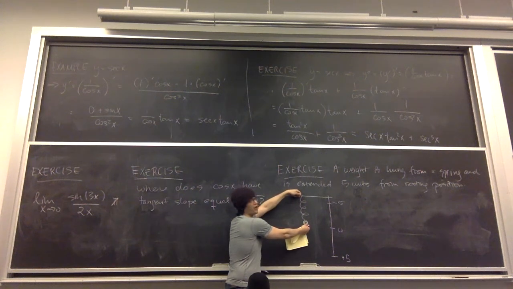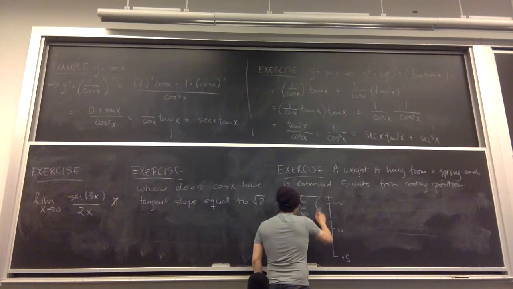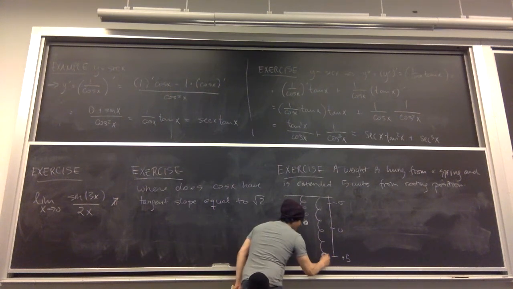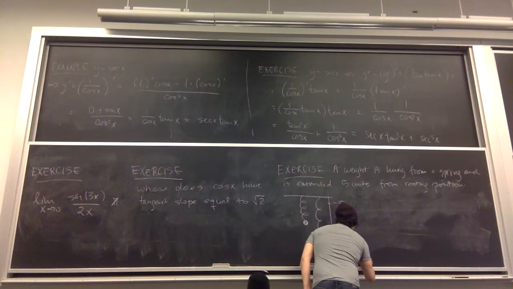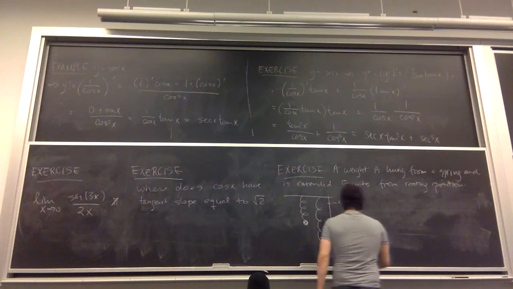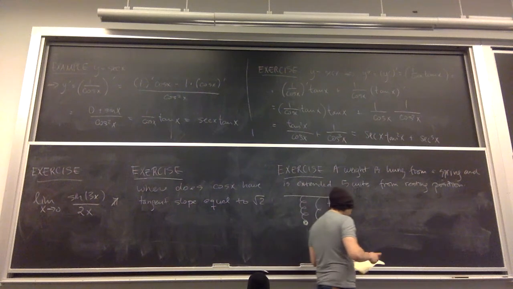Oh, no, we're not going to call that the initial position. I'm going to stretch the spring down 5 units and hold it here. It's going to gain some potential energy. We're going to call this time equals 0. If this is time equals 0, we're going to be measuring displacement from this position.